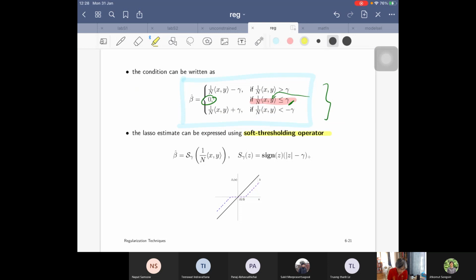So what it takes is that you just need to compute correlation between x and y, right? And for the description in the blue box, I just use the notation S of gamma, which is the soft thresholding parameter. And you can say in short that whatever input z is, compare with the threshold gamma.